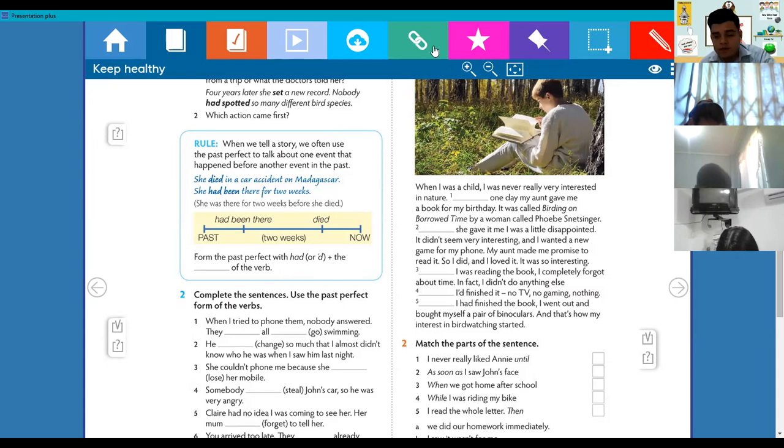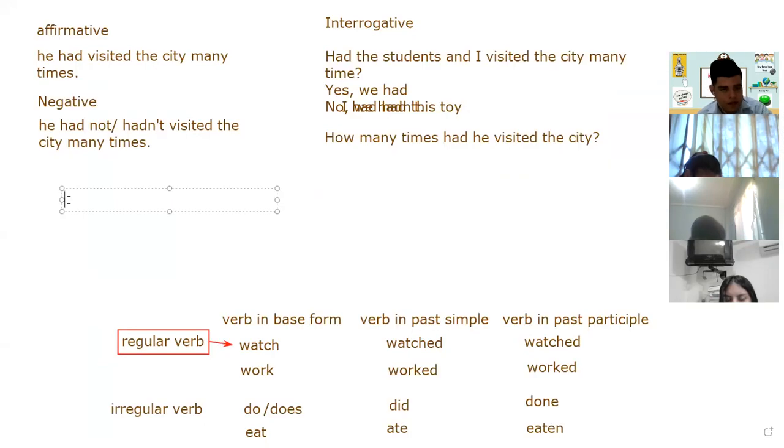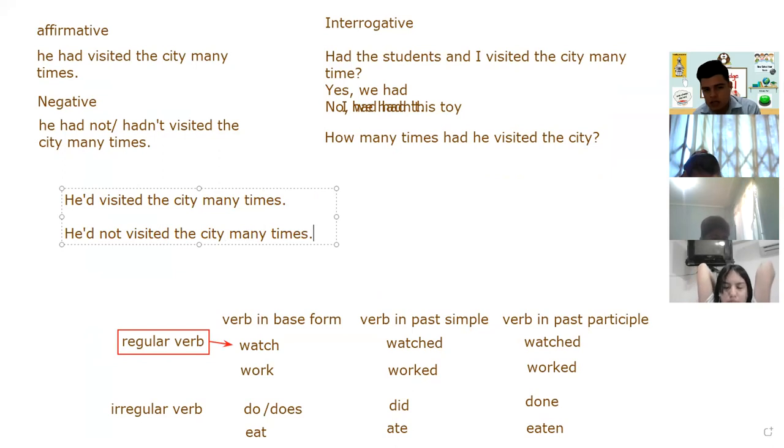For example, the same sentence in affirmative: he visited the city many times. Then the negative: he had not visited the city many times, or the contraction, he hadn't.